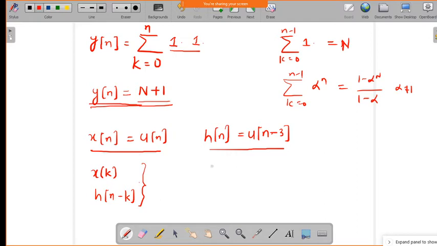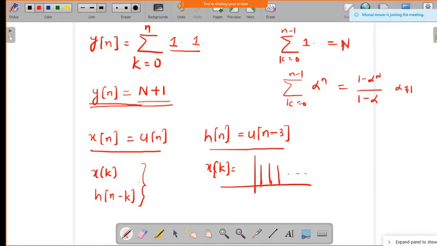So now we can write x of k, that is not a problem. You can write it easily, that is from 0 to infinity. This is x of k. Now for h of n, you need to be a bit careful. What is h of k? It is u of k minus 3.